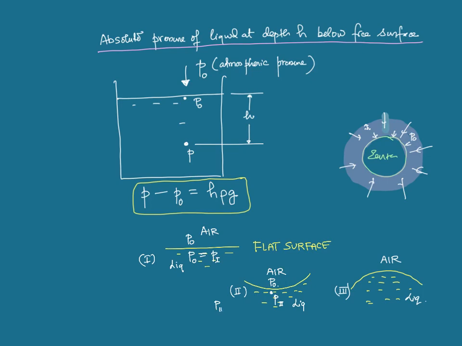This P2 will be less than P naught. And in the third figure, P naught outside and just inside the liquid it is P3. As you can notice from the shape, this P3 is greater than P naught.